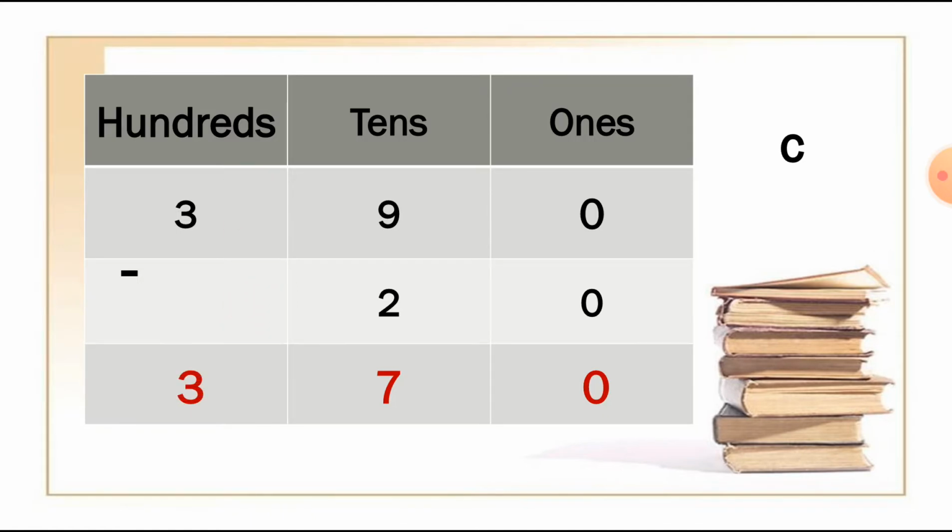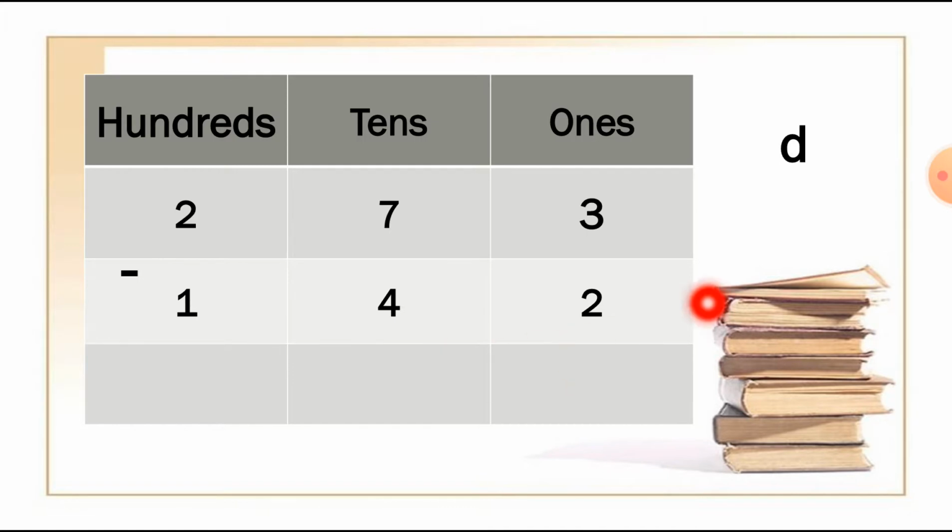So we can write down 3 as it is because we are not cutting any number from the 3. I am writing this 3 number as it is here because I am not cutting any digit from the 3.